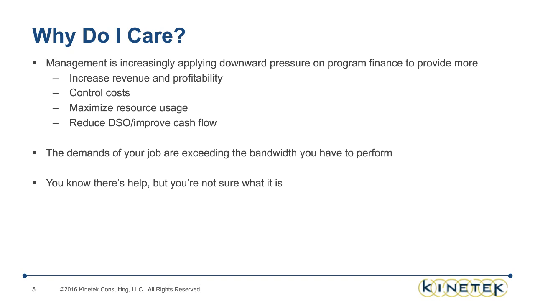And to reduce DSO, we need to invoice faster. And to invoice faster, we need to get our costs faster and more accurately. And to get our costs faster and more accurately, we need to have better controls in place. And to have better controls, we need to see what is going on.